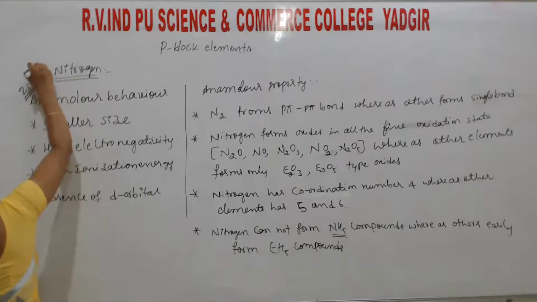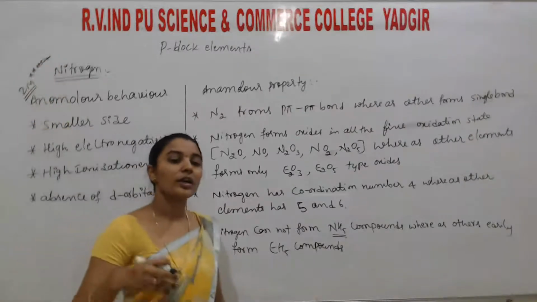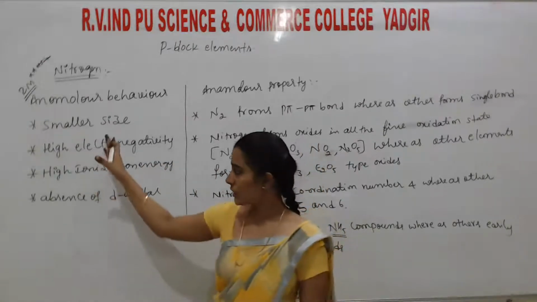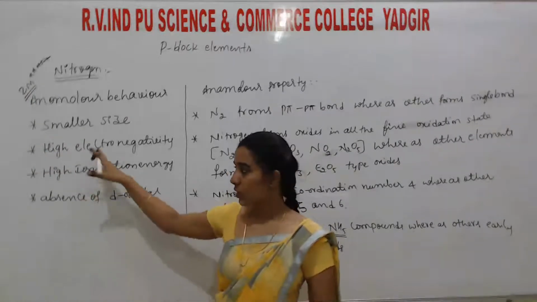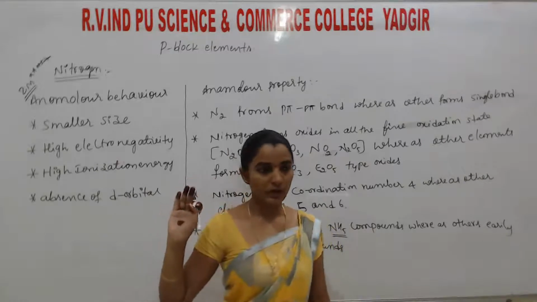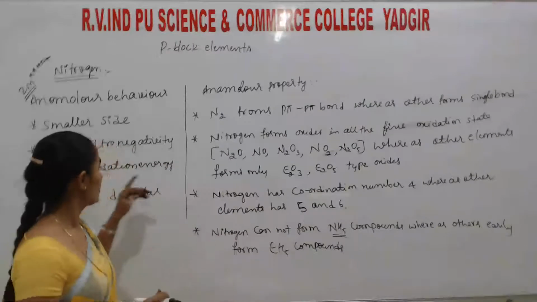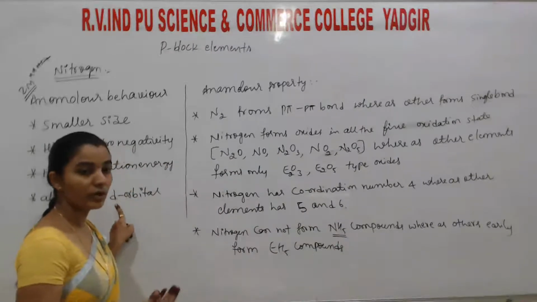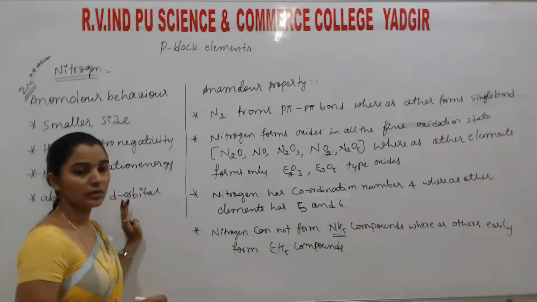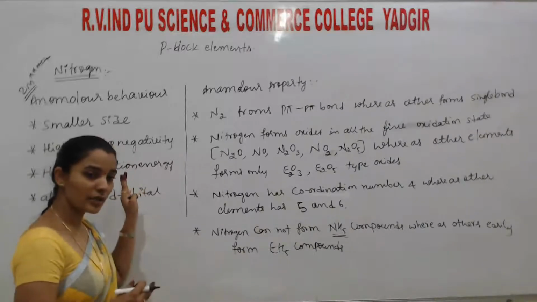Both are very important for 2 marks. Not only nitrogen, it may be oxygen, it may be fluorine, any first element. Anomalous behavior for all is the same: smaller size, higher electronegativity, higher ionization energy, absence of d orbital. For oxygen same, for fluorine same, for carbon also same. In p block elements, all the elements are same. The reason for boron is also same.